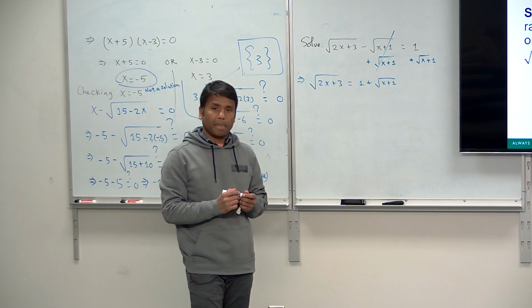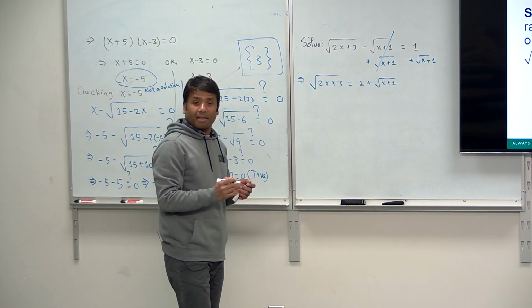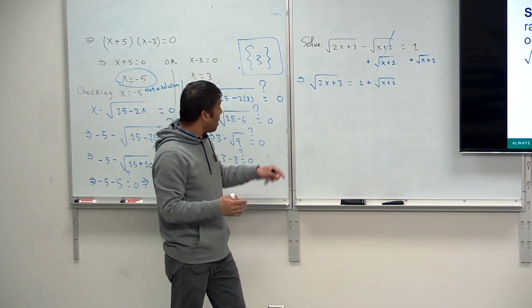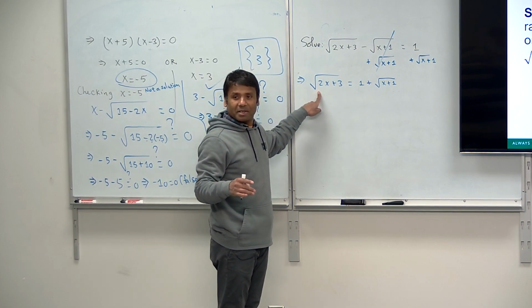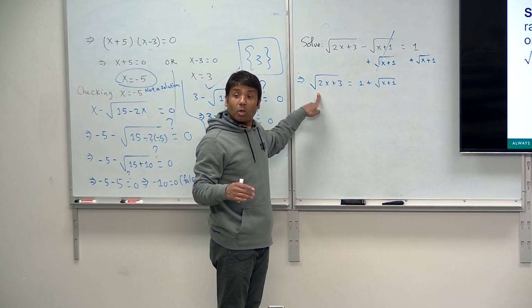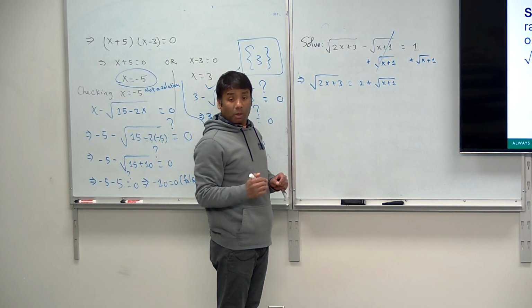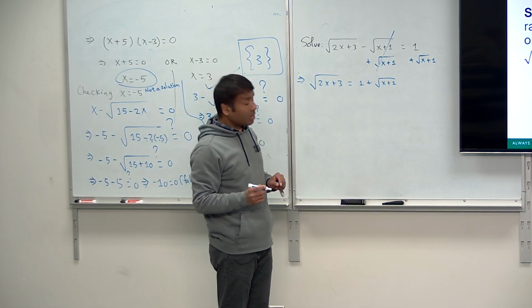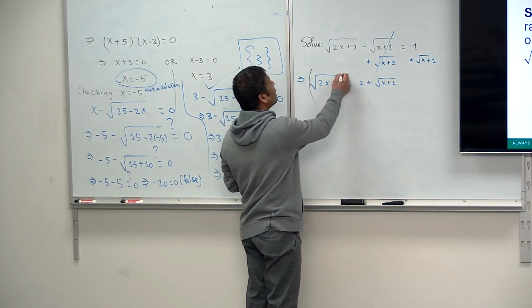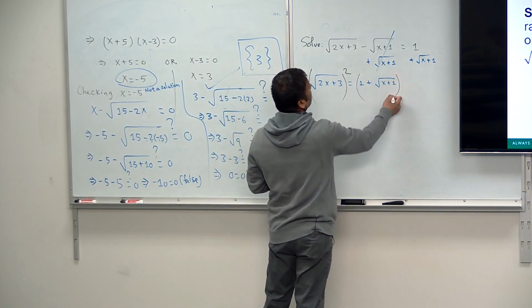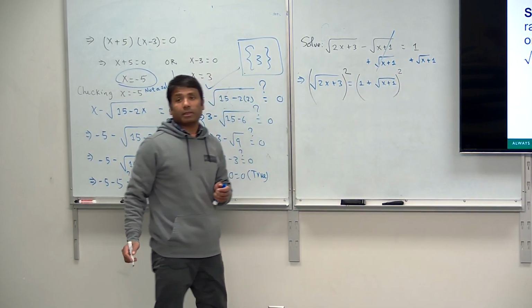Good. And then you have a radical term here, a square root, right? So to get rid of this square root, what are you supposed to do? Square. Exactly, square on both sides. So that means you square this and you square this.